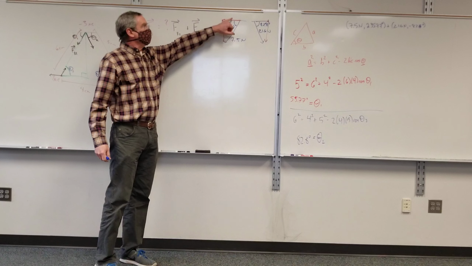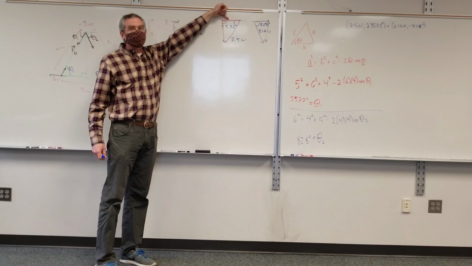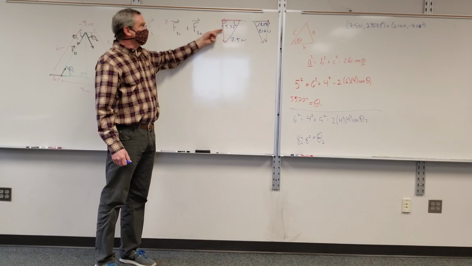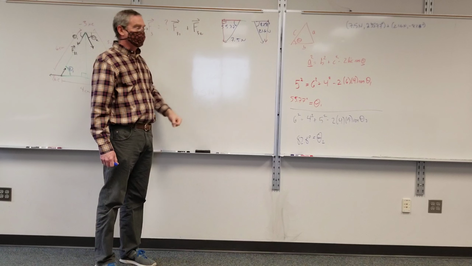Which trig function is going to be associated with this component? Sine. Or tangent? Because that's the adjacent side. It is the adjacent side. Oh, I'm sorry. I was completely wrong. It's cosine or tangent. There we go. Yeah, it's cosine. And this one? Sine.